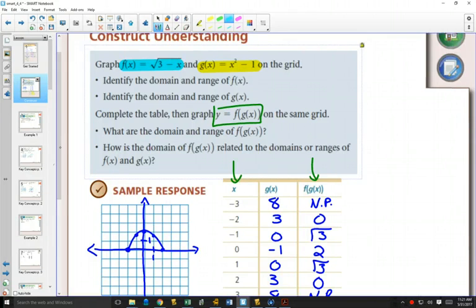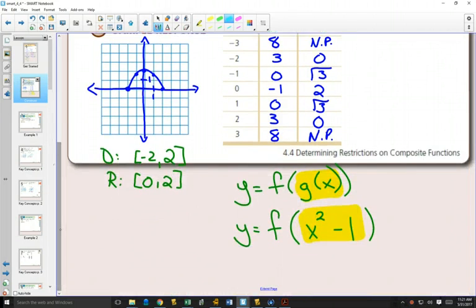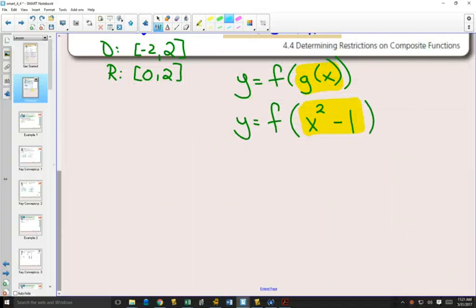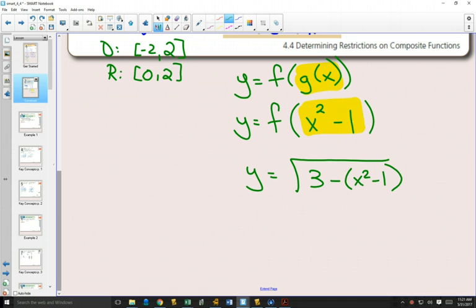So if that's the rule, if you put in x squared minus 1, the rule says what you'll do is you'll take the square root of 3 minus whatever you put in. And this time we're putting in an x squared minus 1. If I simplify that in my equation, I get the square root of negative x squared plus 4.